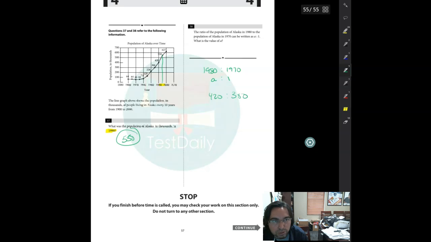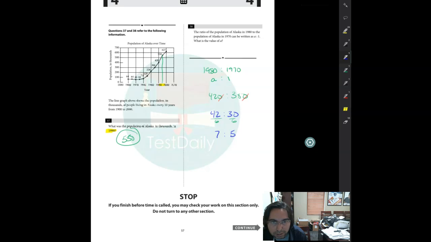As we reduce those down, we can drop a 0 there. So now we're left with 42 to 30. Then as we reduce that, 6 goes into both of those. 6 goes into that 7 times. So if I divide that by 6, divide that by 6, that's going to give me 7 to 5.